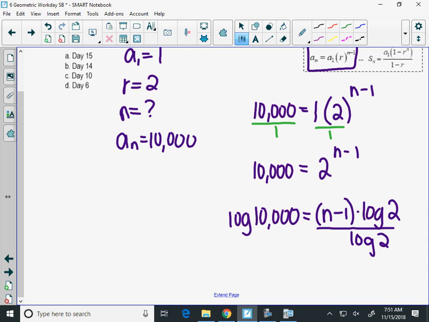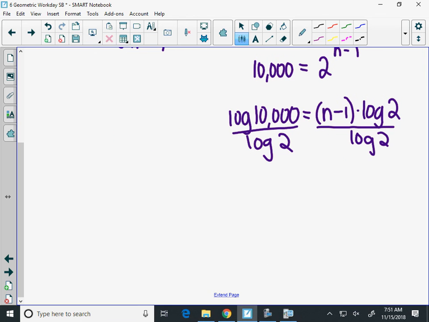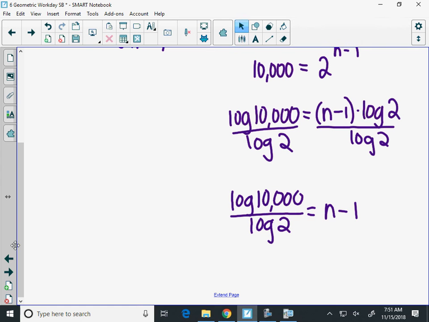Now to solve this, I need to move the logarithm first. So I'm going to divide by log of 2, which again, I'm going to leave as a fraction like we always did. Don't simplify it until the end. So I have log of 10,000 divided by log of 2 equals n minus 1. To get n by itself, I'm going to then add 1 to both sides.